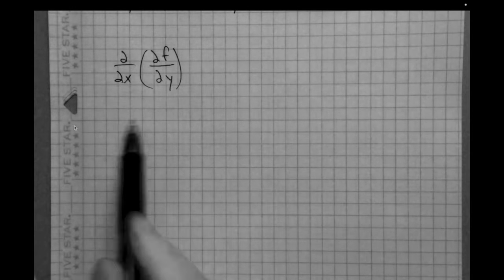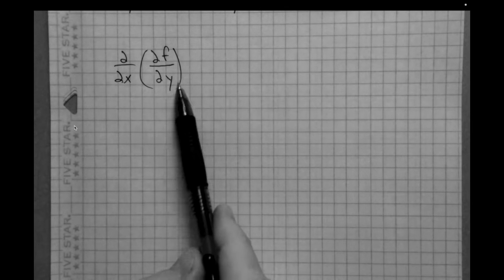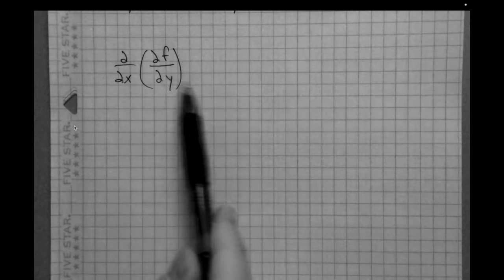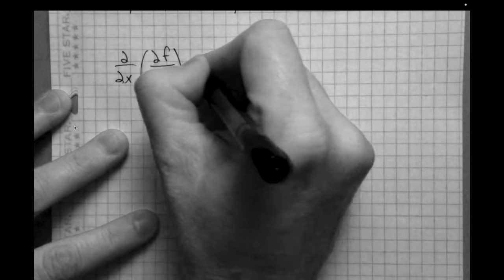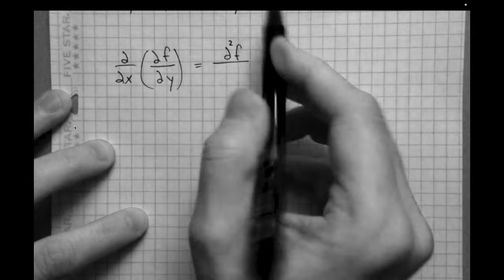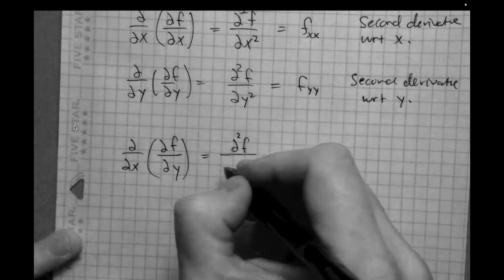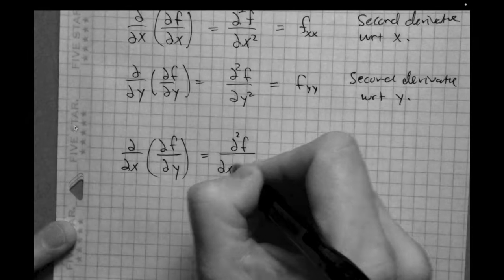So I've got the partial derivative with respect to y, and I get some function. I then differentiate that function with respect to x. So it's like taking a higher order derivative, except on the second differentiation, you differentiate with respect to a different variable. This is notated similar to what we have up here, except instead of del y squared or del x squared, you get a del x, del y in the denominator.